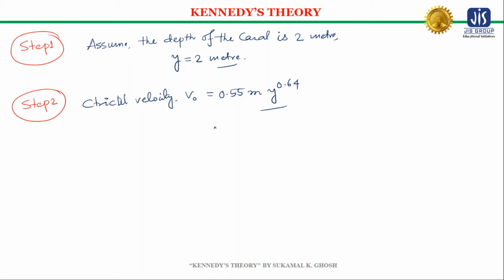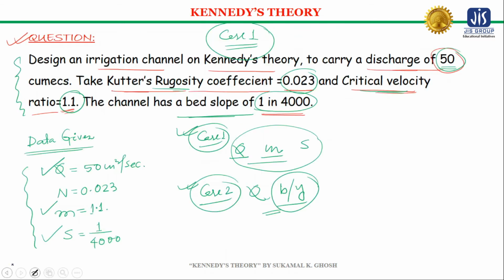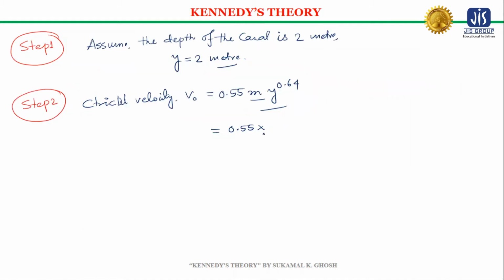The value of m is 1.1, so put it here: 1.1 into y, where we have assumed y is equal to 2. If you solve it, you will have 0.942 meter per second.